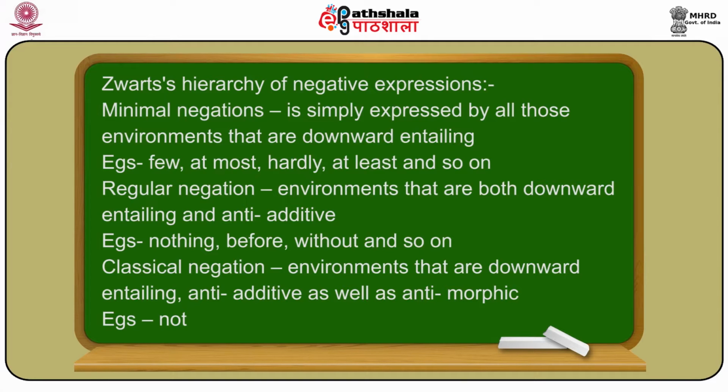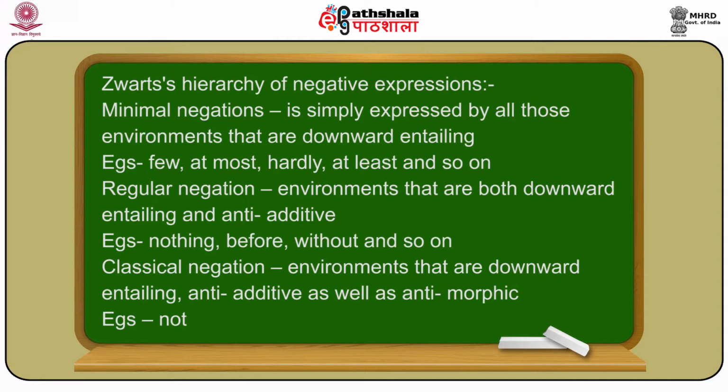Now, what are examples of regular negation? Regular negation are things like never, nothing, before, without, and so on. The restriction of the universal determiner is also anti-additive, so it patterns with regular negation in this respect.